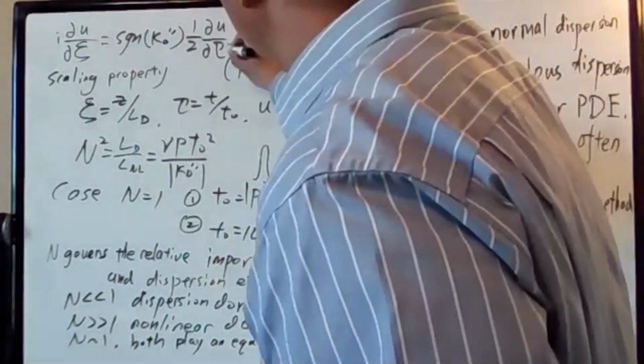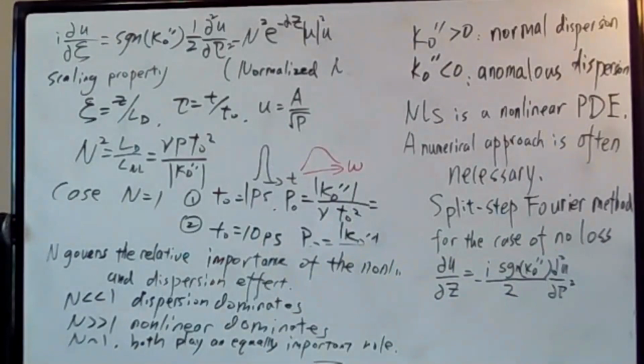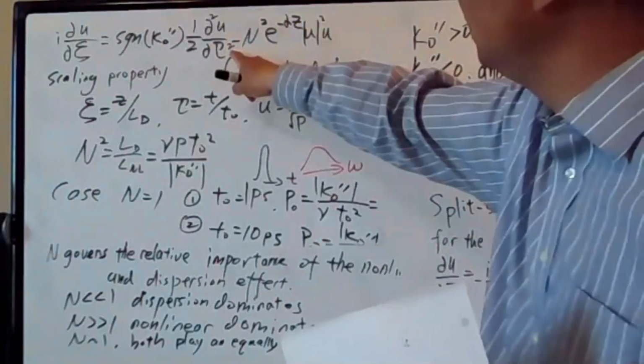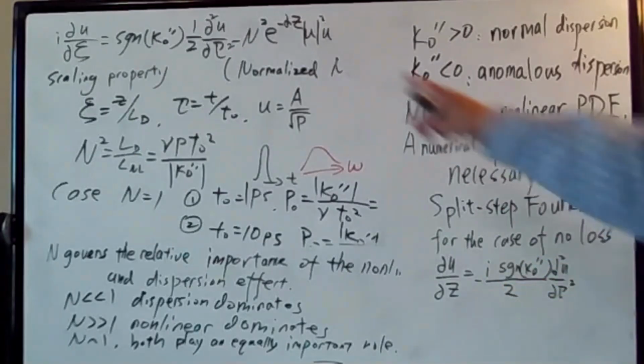I have quite a few typos in this equation. This is partial squared u partial tau squared, the second derivative. So please correct that typo.